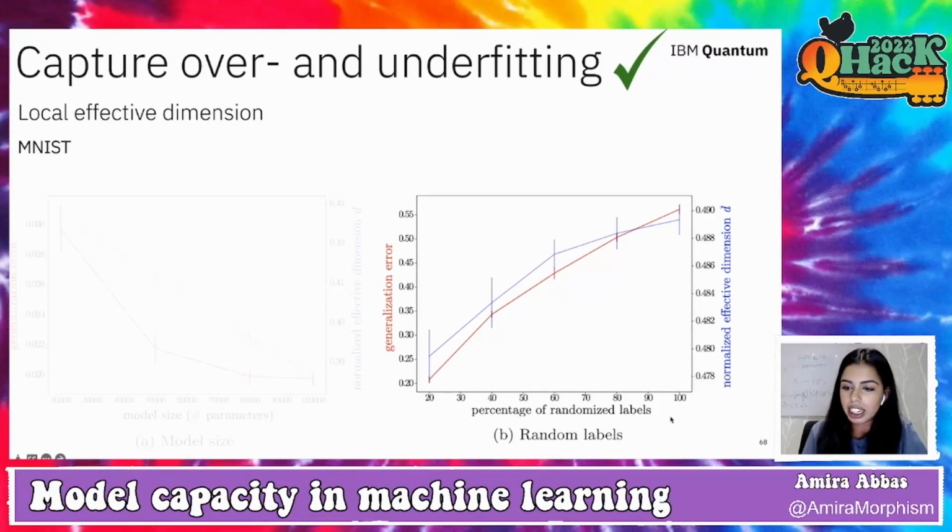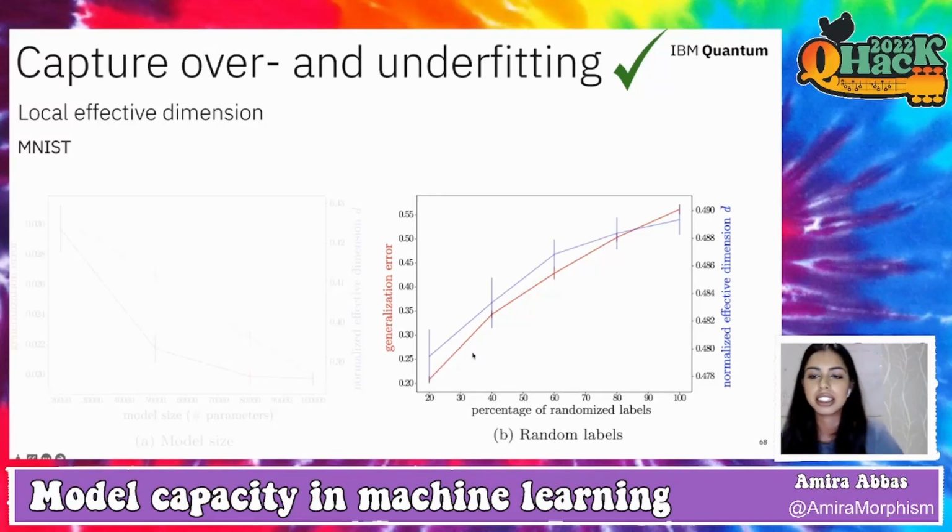As soon as you go to 100% randomization, this is totally noisy data that isn't sensical at all. So you would expect your generalization error to start to go up, right? Because you're training your model on more and more nonsense. So the red curve is increasing because you're increasing randomization and noise and entropy, whatever you want to call it. And when you check the performance of your model that's trained on nonsensical data on real data, on the test sample, you will inherently start to do worse and worse, right?